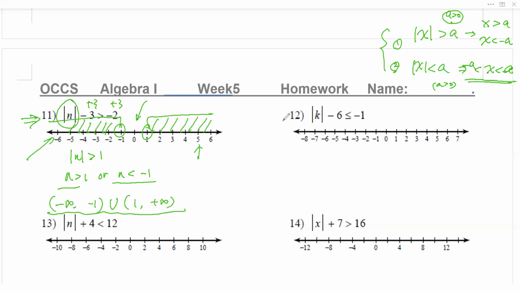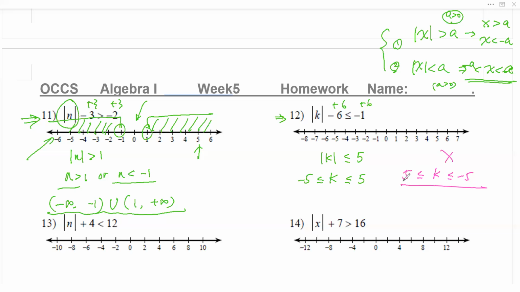All right, let's go to number 12. Add 6 to both sides first, all right? So you get absolute k less than or equal to 5, right? Based on the second rule, k should be between 5 and -5. So you cannot flip it over. Important. Sometimes I see someone write it this way, -5 less than k less than... in between the two.